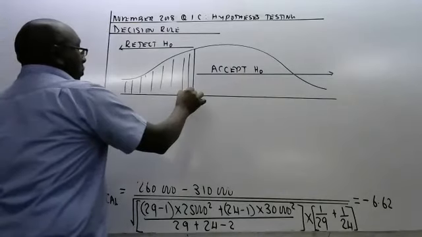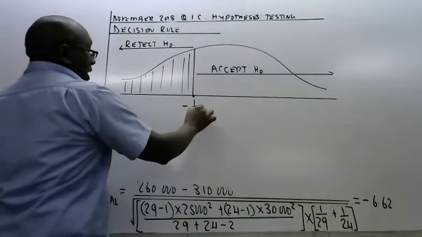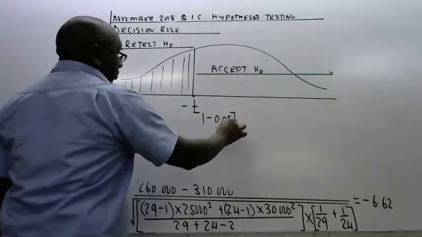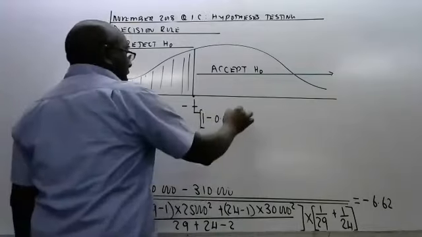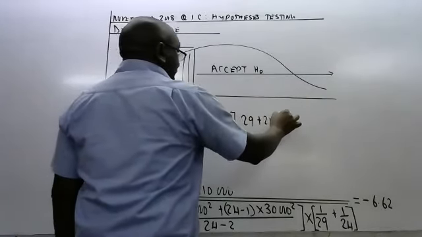And then on this point, I will need minus t at 1 minus 0.05. And the degrees of freedom will be 29 plus 24 minus 2.